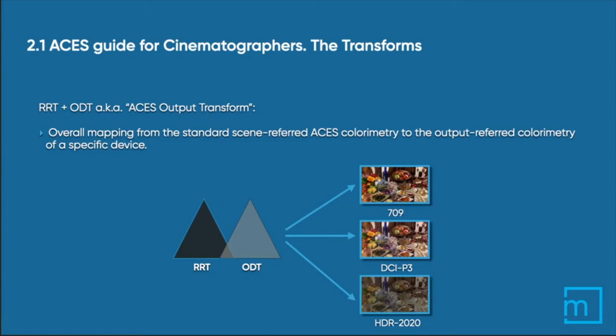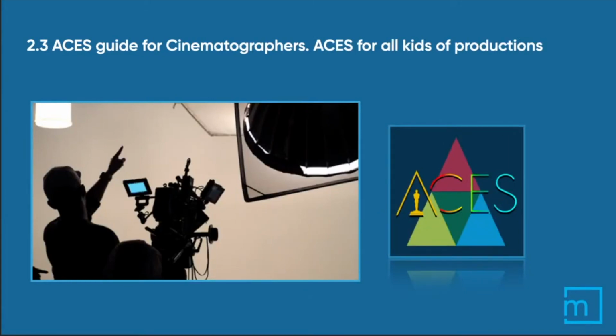It is always the concatenation of the RRT and a specific output device transform. For that reason, the output transform is usually shortened as RRT plus ODT. You will see that naming of RRT plus ODT in most of the workflow diagrams that you can get from your DATs, etc.